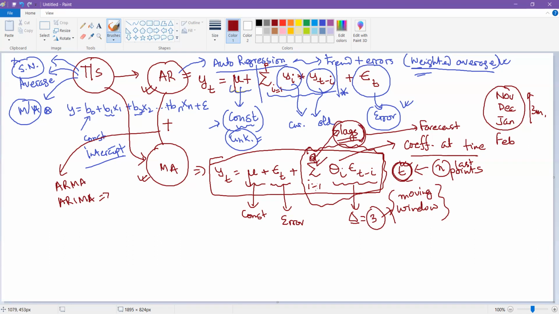In this case, I'm going to call it the lag or the delta. And hence I will be able to approximate the value of y, taking into consideration the constants and the error. So that is the objective over here.